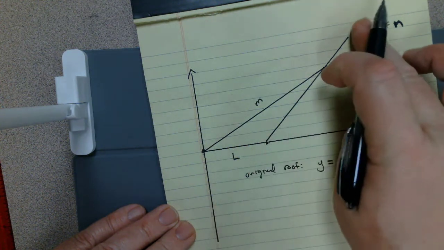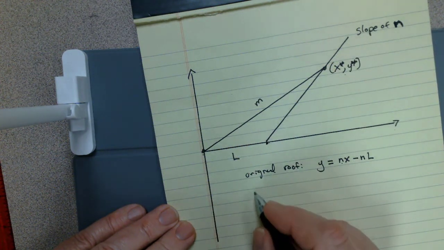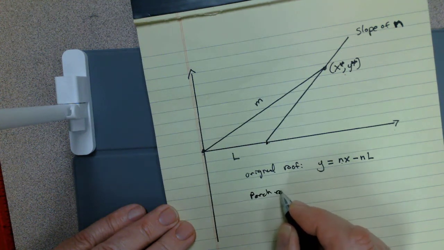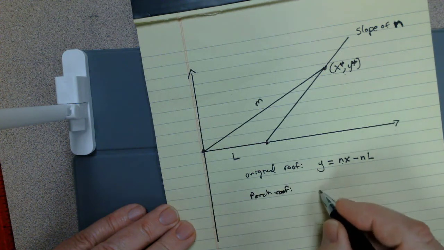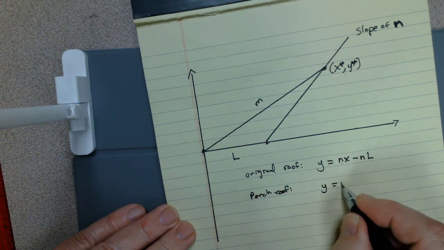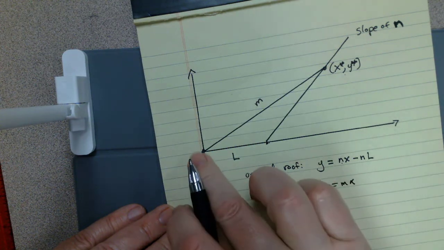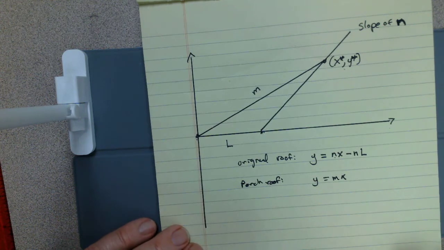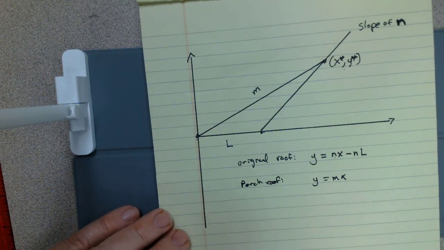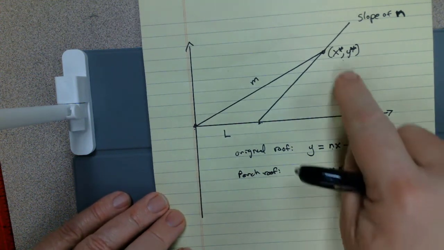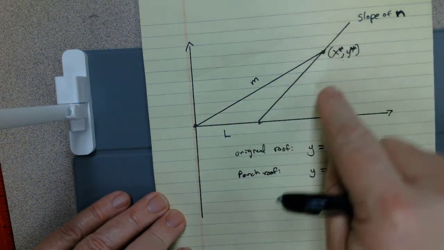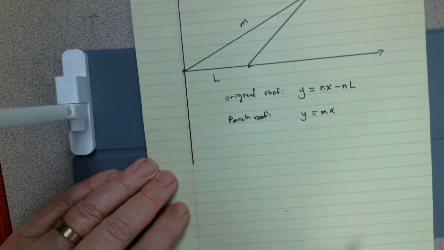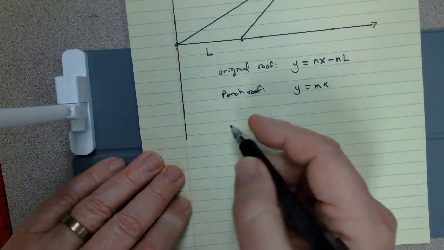So this is the line going through there. My porch roof is easy. It's just y is m times x, because it goes through the origin and goes straight up like that. Okay, so this is the setup. I now need to just find out where this line and this line intersect to find the coordinates of that point. Well, let's see here.